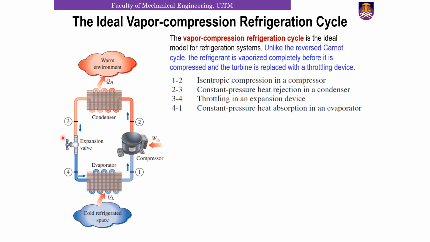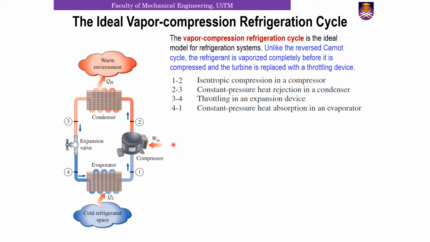So these are the processes, right? Unlike the reverse Carnot cycle, the refrigerant is vaporized completely before it is compressed and the turbine is replaced with a throttling valve. So these are the two important differences between the ideal vapor compression refrigeration cycle and the reverse Carnot cycle.